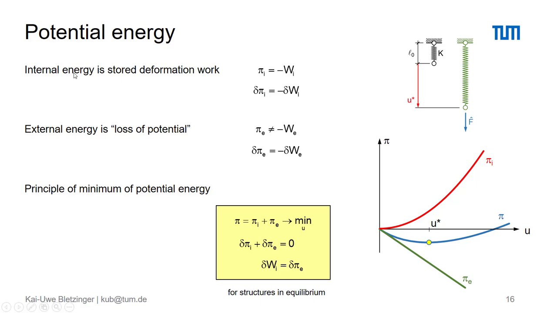The energy is stored while the spring is extended. And since the energy is stored work, it is the negative of the work. As the internal work is a negative item, again negative, you see that the internal energy is something positive. And straightforward, the variation of the internal energy is equivalent to the negative of the internal virtual work.